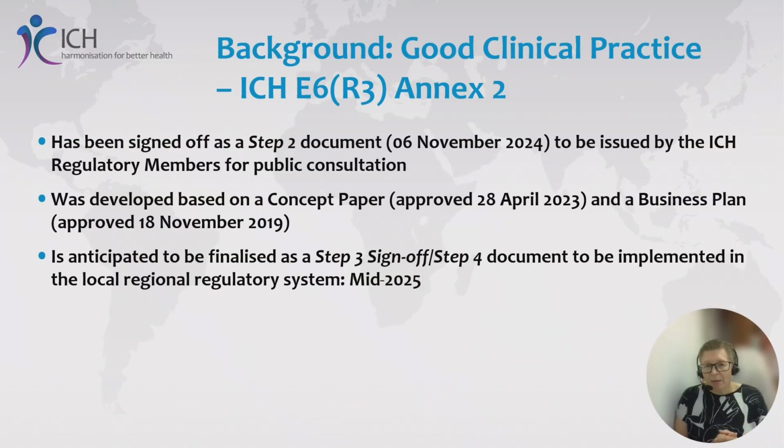Here we're talking about an 11, 12-page document. If I was there in person, I'd be asking you to shout out some numbers as to how many comments we received. Well, I'll tell you anyway. We received 1,000 comments for that short document, so it does take some going through those comments to make sure that we can reach a consensus with the text that will come out to be the final guideline.